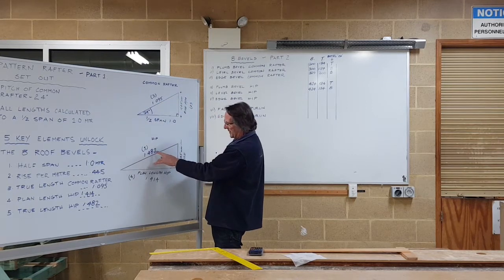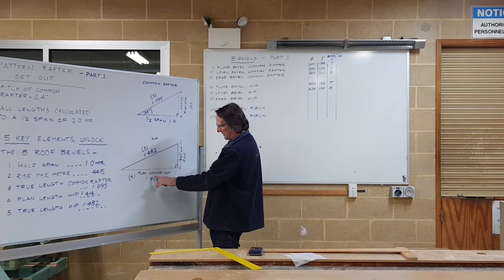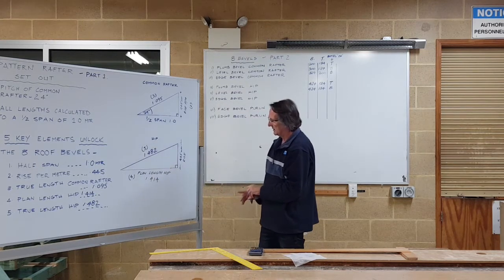So it's got to be 1.482 on the blade, because that's longer than the plan length, which is shorter, 1.414 on the tongue.